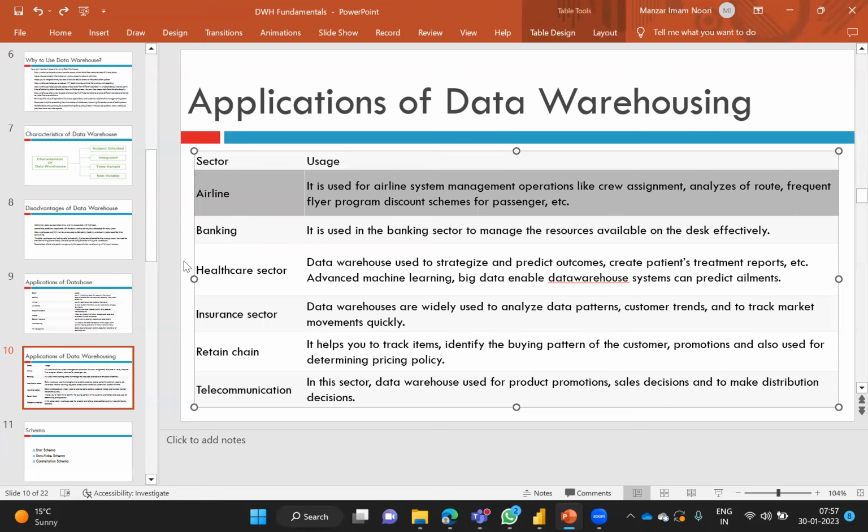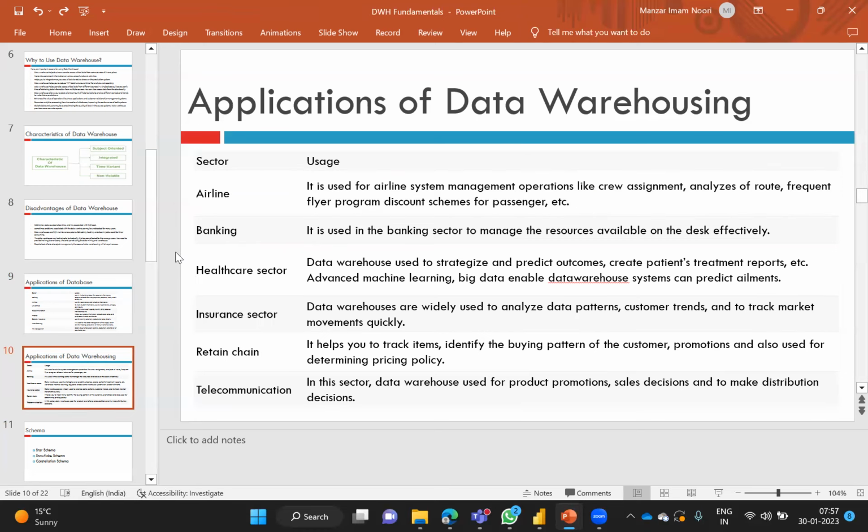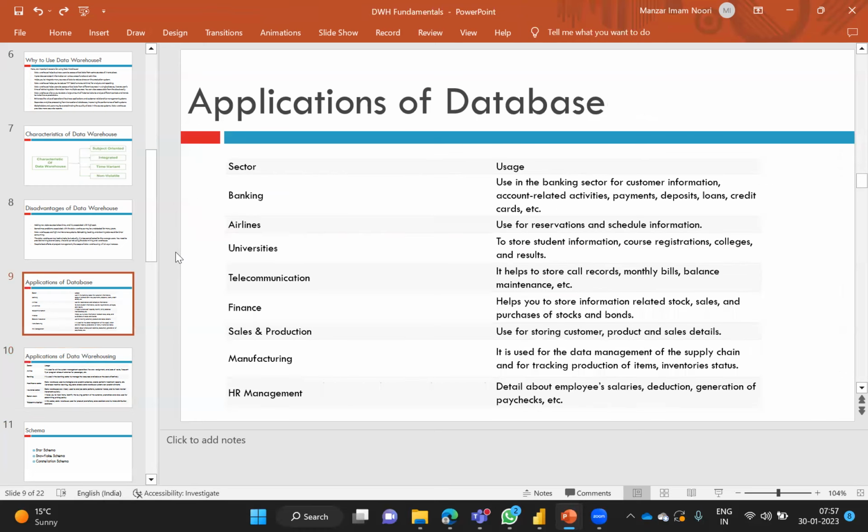Similarly, you have healthcare systems, insurance sector, retail chain, universities, telecommunications. In all of these you have database usage, for different purposes. Maybe in universities, the student information logging, course registration, colleges and results.